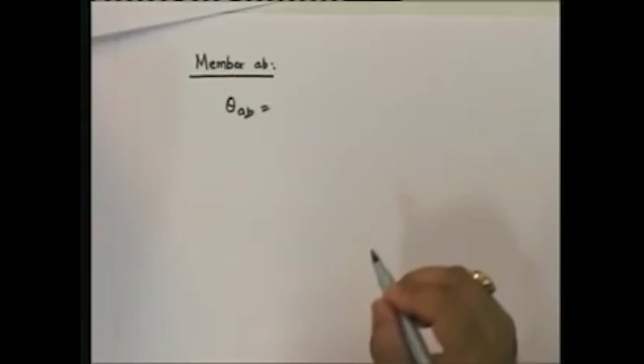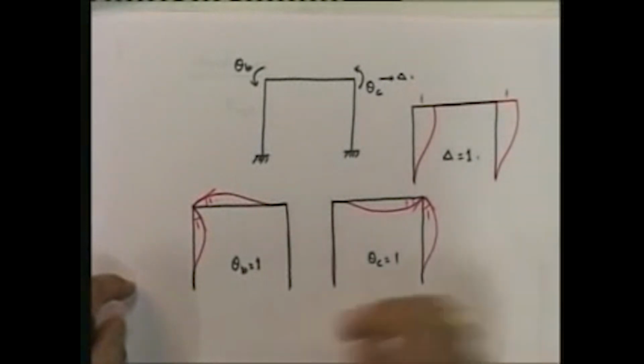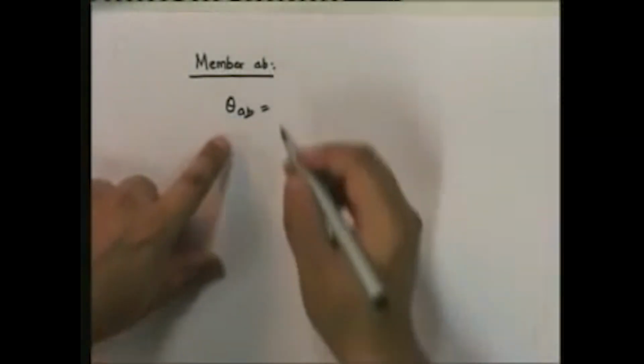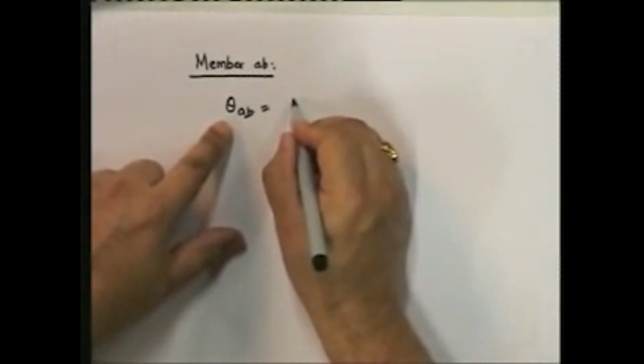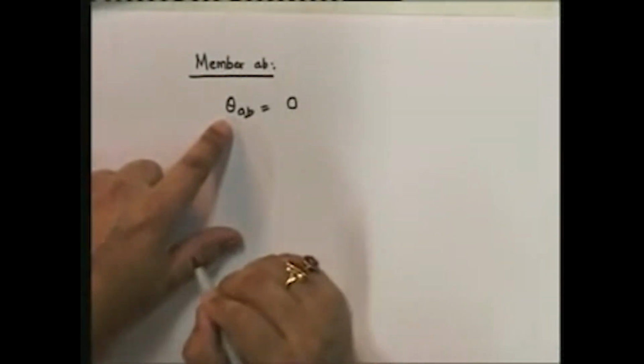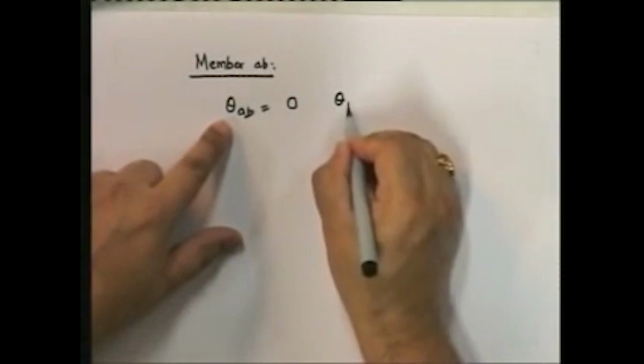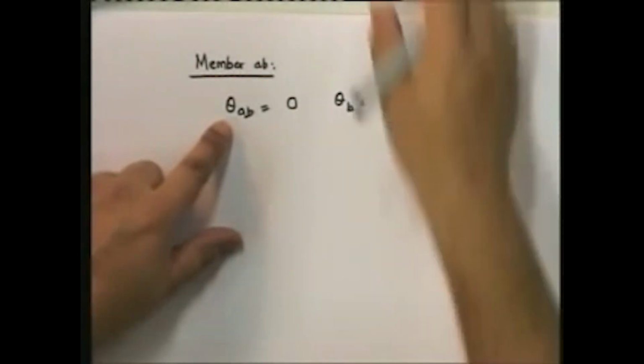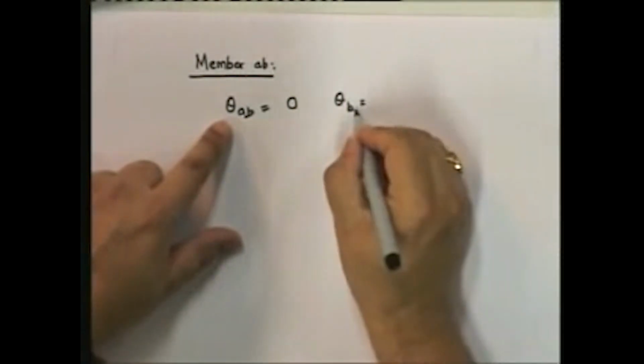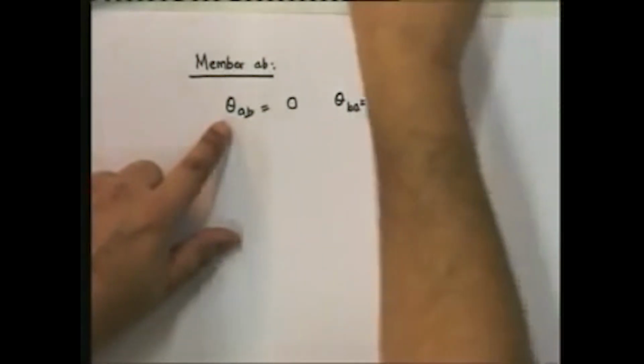What is theta B A equal to? Remember theta AB is always going to be 0 because at that particular point you have a fixed end.